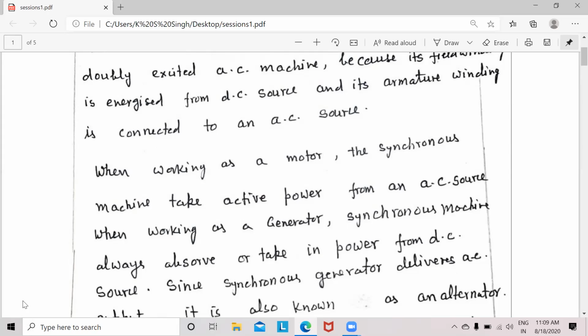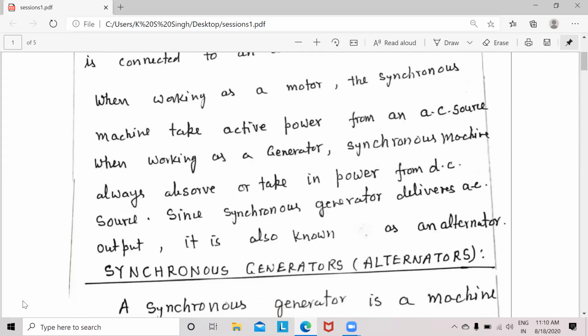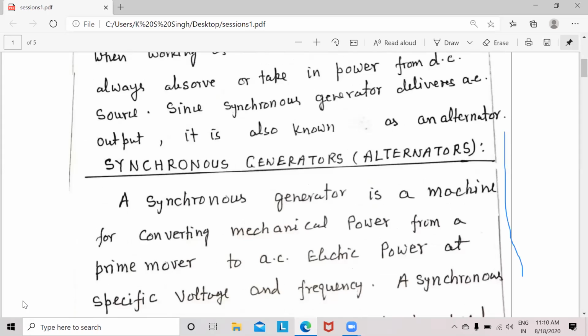In a synchronous generator, the field winding takes energy from a DC source for excitation, and it is connected to an AC source to deliver AC power. First we take the synchronous generator or alternator.